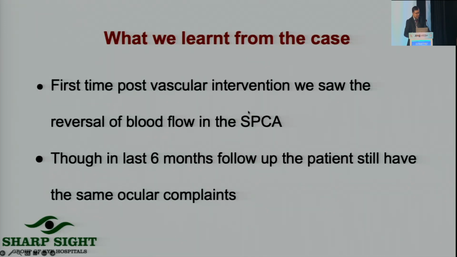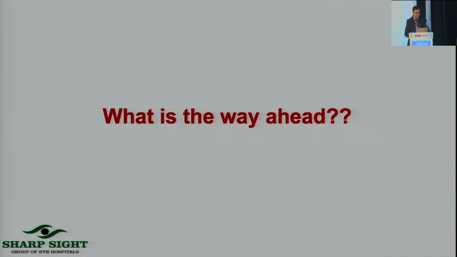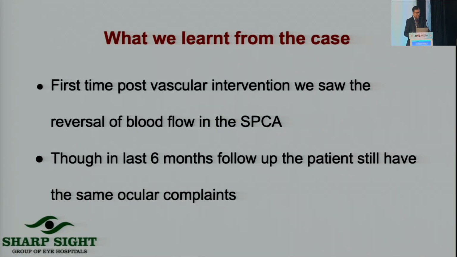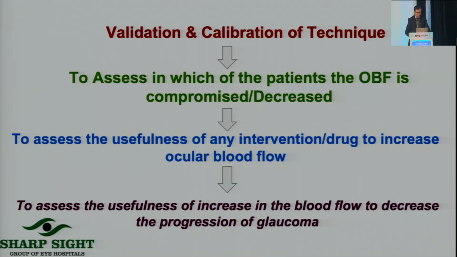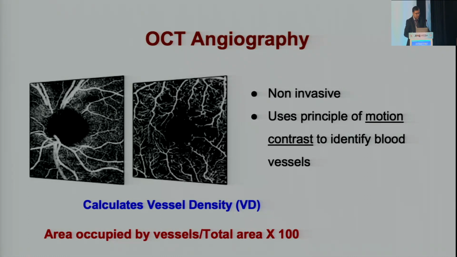So to the best of my knowledge, this is the first case where we have seen that post-vascular intervention, the patient had some flow in the SPCAs, but the problem is that the patient is having the same ocular complaints even after that. So what is the way ahead? We have to see how this technology goes ahead, and is there any drug or any intervention which we can do which can increase the ocular blood flow.